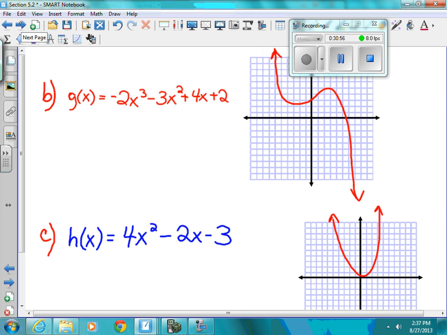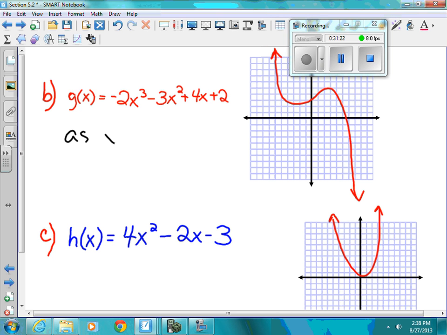And on this next slide, we have a couple graphs. I want you guys to try these on your own, okay, and then play them when you're ready. So the first one, here's the graph of g of x equals negative 2x cubed minus 3x squared plus 4x plus 2. Okay? So we are going to write this out in function notation.